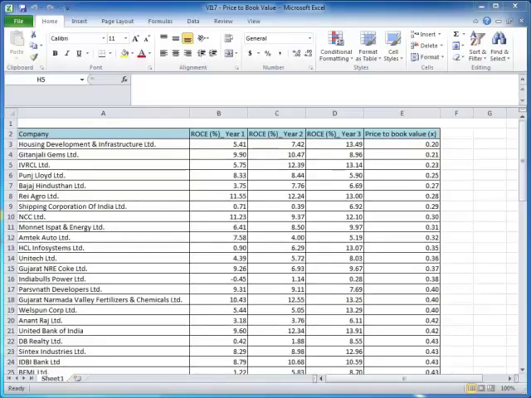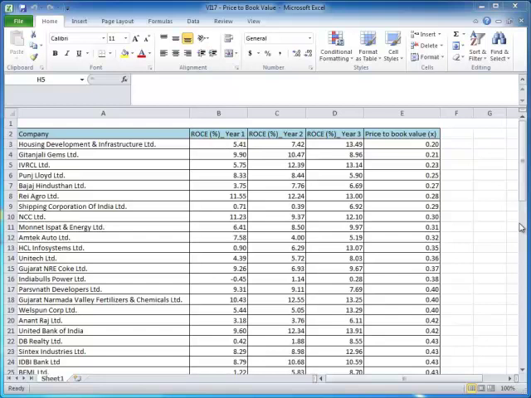Here we are in Excel, and what we have is a list of companies that we've sorted by price to book value. This looks at the price per share relative to the book value per share, and we've organized these companies based on a couple of categories. The first is return on capital employed under 15%, and the second is price to book value under 0.8.